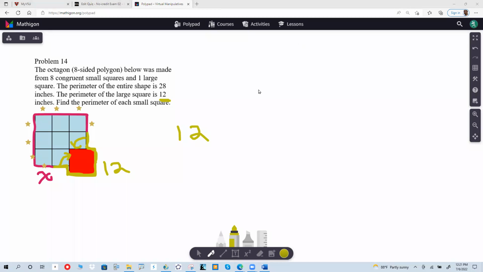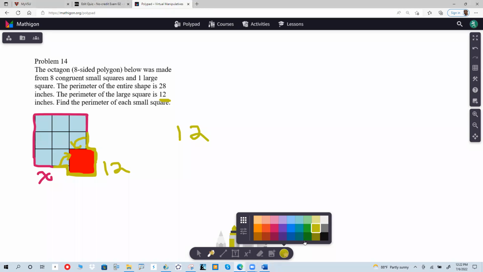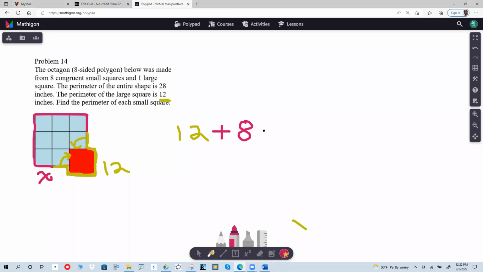So the pink edges all together are 8X. And when you add 12 to 8X, it accounts for the entire perimeter of the octagon, which is 28. So I'm going to write 28 here. Now I can solve for X and I'll have what I need.